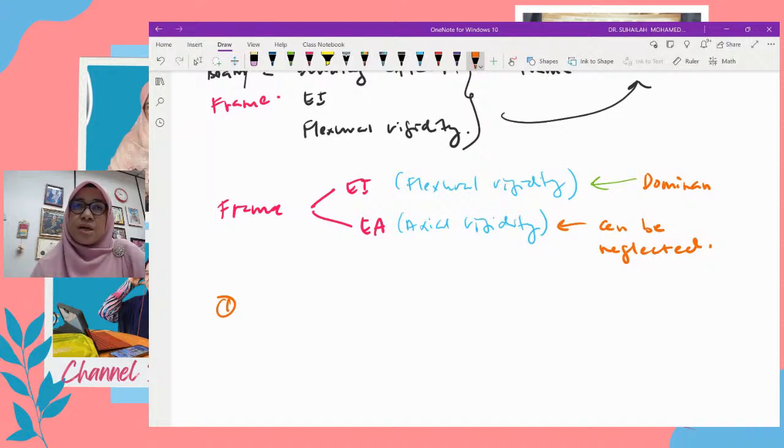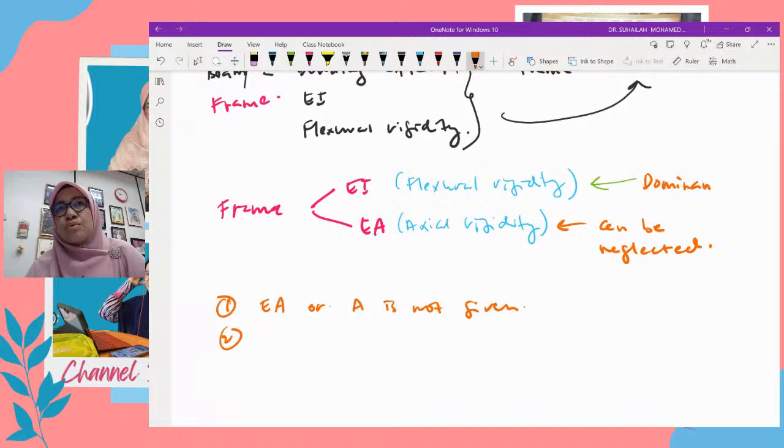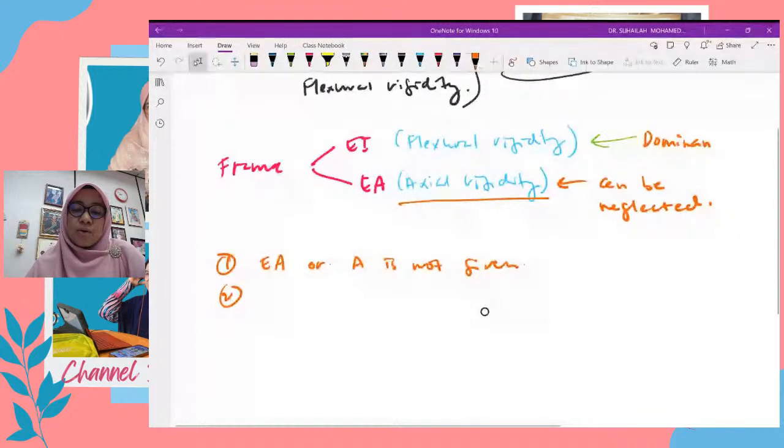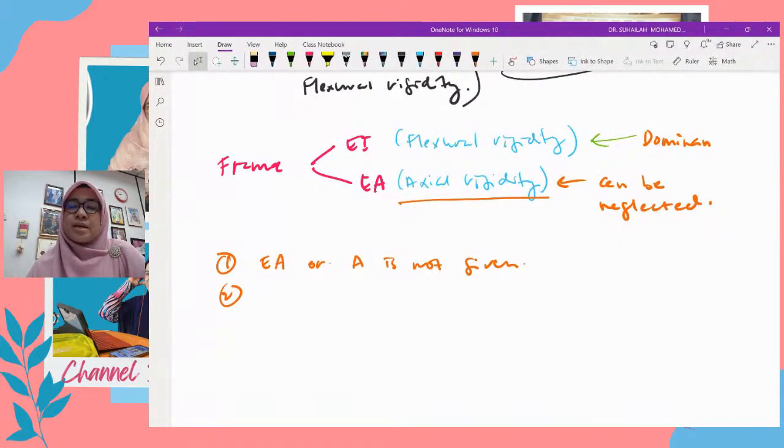When we don't need to consider EA, the information about A is not given. E, of course, will be given because flexural rigidity also has E. So EA, or A, is not given. Number two, when we do not need to consider this axial rigidity in the system.